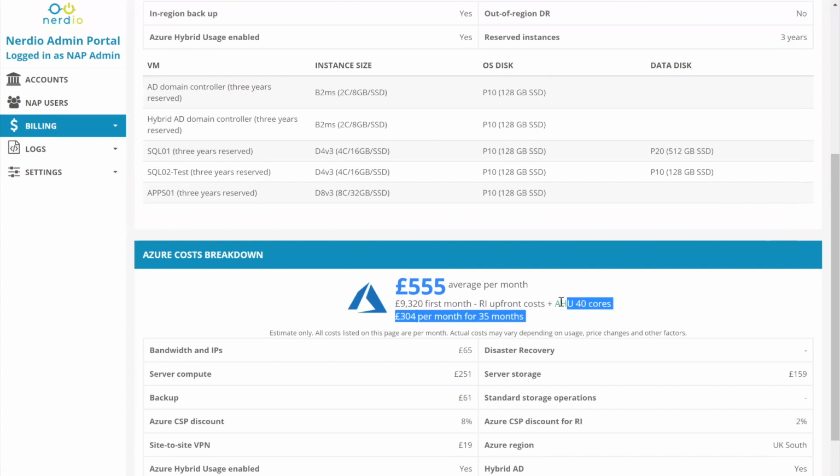Plus, you're also going to need AHU 40 cores of that. And again, in a future version, we'll have that cost in here too. But for now, you need to calculate that separately. And then once you have this upfront, you then pay 304 pounds per month for the remaining 35 months.